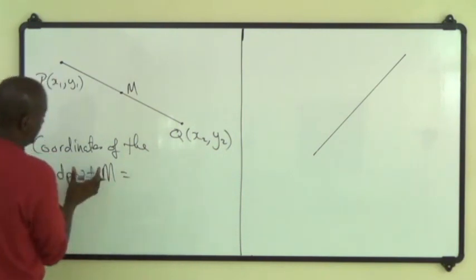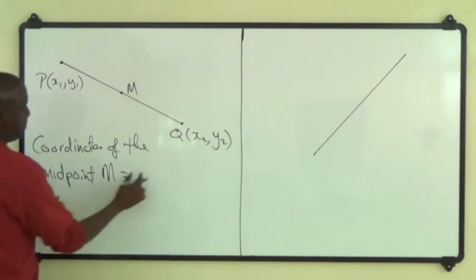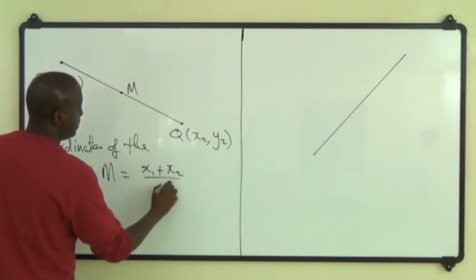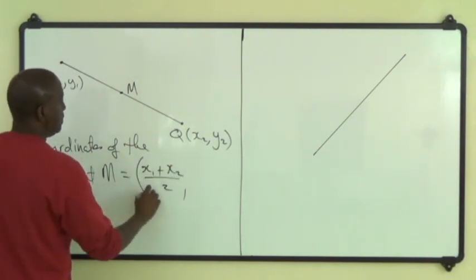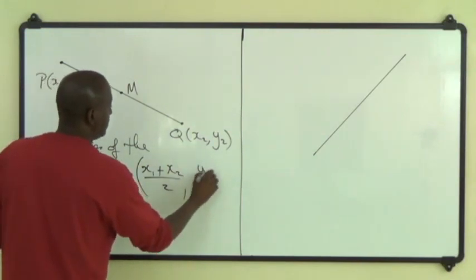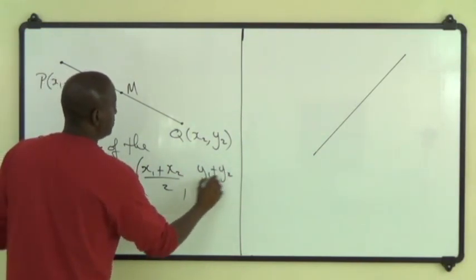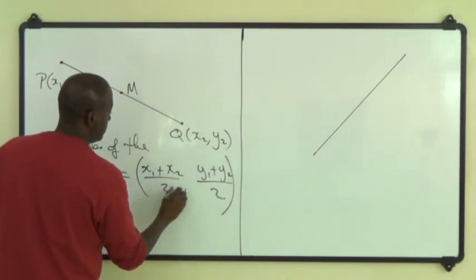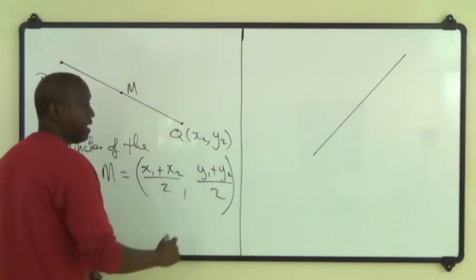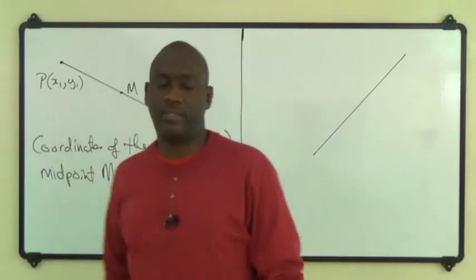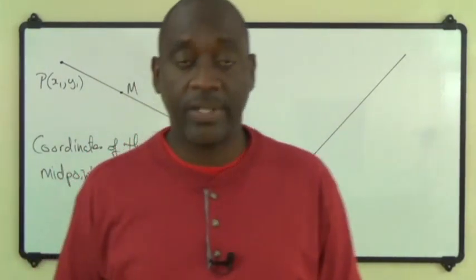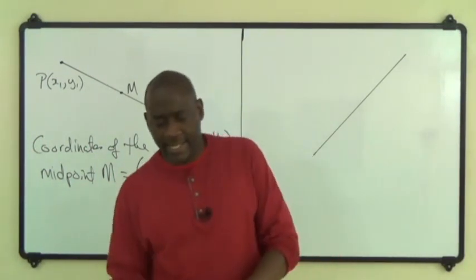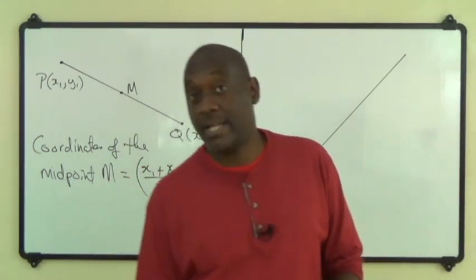So the x coordinate of M would be x1 plus x2 over 2, and the y coordinate will be y1 plus y2 over 2. And I'm leaving that just so. And from here, I'm carrying you straight into the exercises. Start with some simple ones. Find the midpoint. Right? And then check the answers and verify that that is in fact the answer.